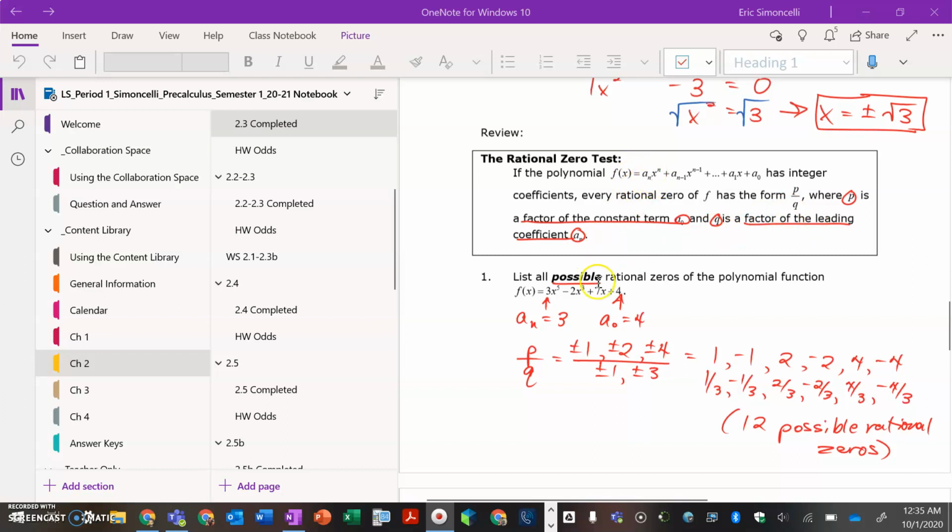So for this first example, it says list all possible rational zeros. Remember, a rational number is a number you can write as a fraction. Zeros, we know, of course, are where the graph will cross the x-axis, so something comma 0 essentially. Now that something comma 0, that something is a possible rational that we're striving for, but as you can see here, this very first problem, the degree is only 5.